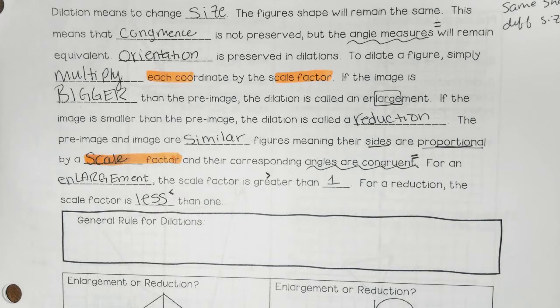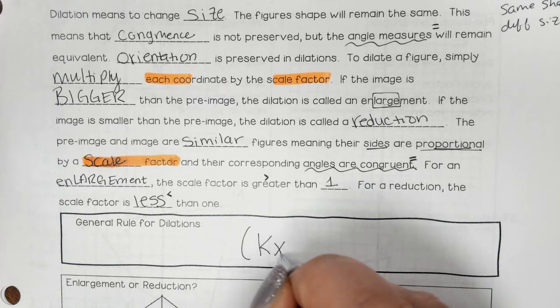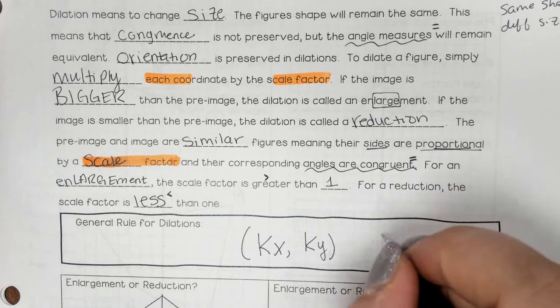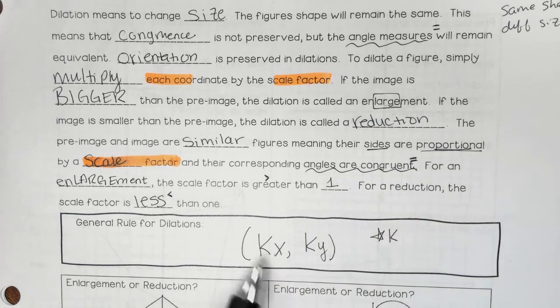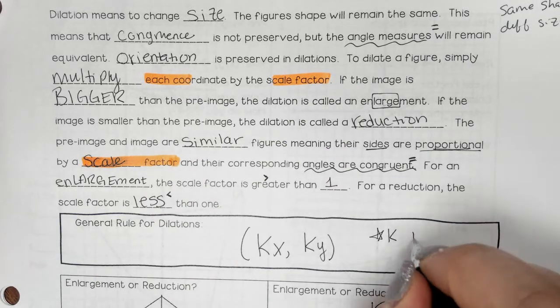Okay. The general rule for dilations is (kx, ky). K, or what we're multiplying by, is the scale factor.